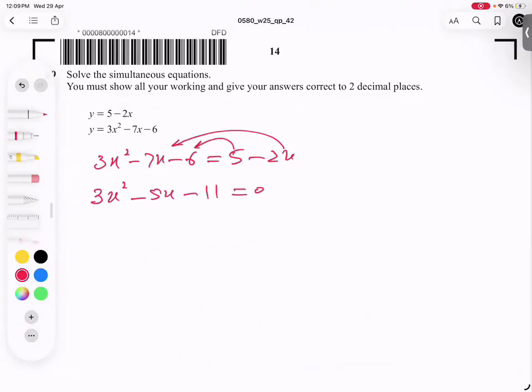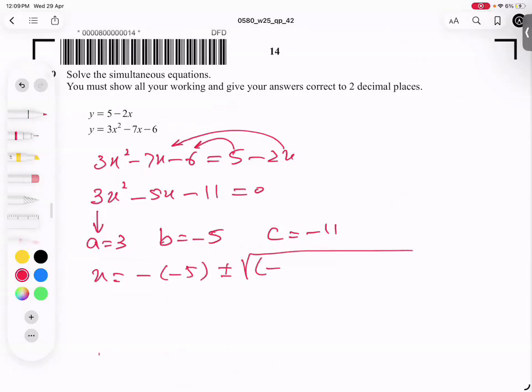So students, we have been told 2 dp, so we have to apply the quadratic formula. A value is 3, B value is negative 5 and C value is negative 11. So we are going to apply the quadratic formula: negative B plus or minus the square root of B squared minus 4AC, over 2A.